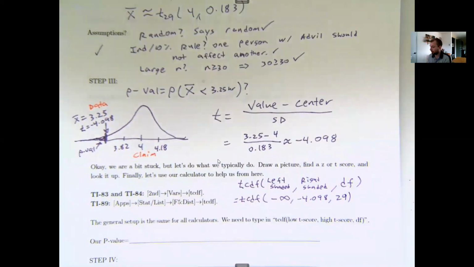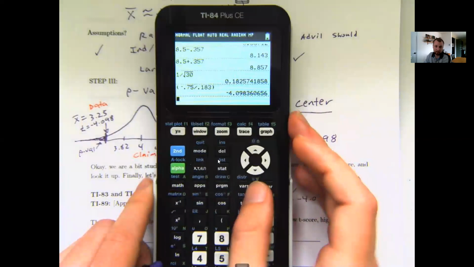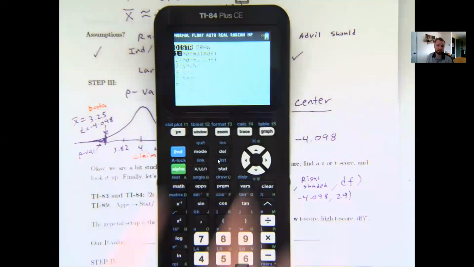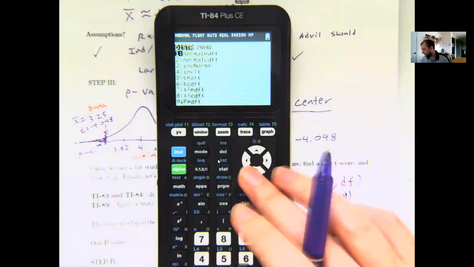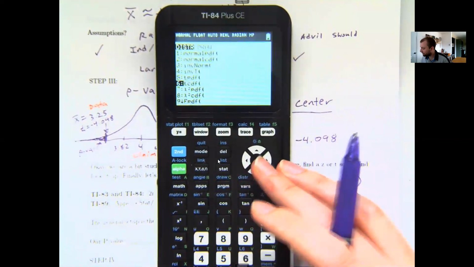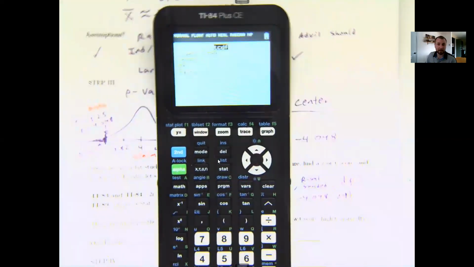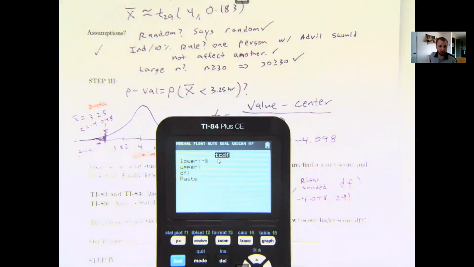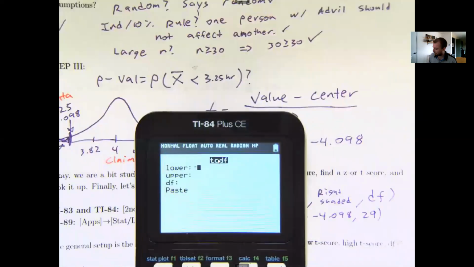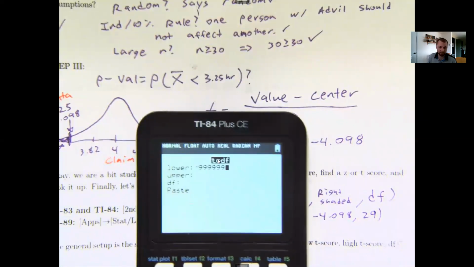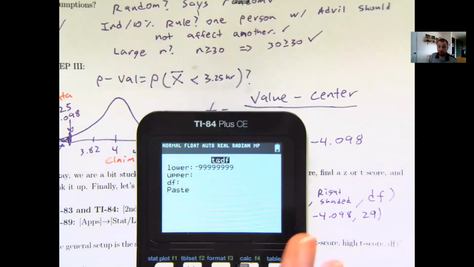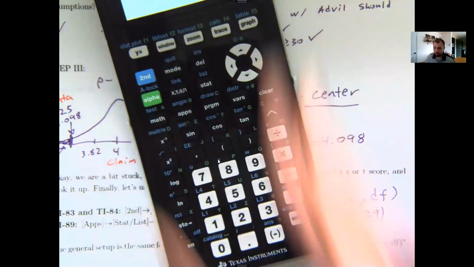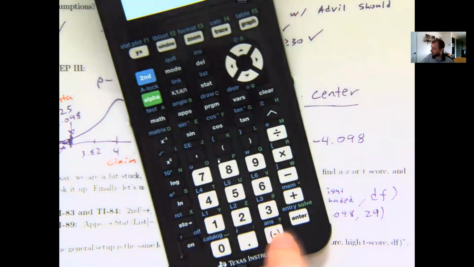Okay, in my calculator, I'm going second vars. I'm choosing TCDF. I'm typing in my low value. I don't have a negative infinity button on my calculator, so I'm just going to do negative, and then I'm just going to go to town on the 9 button. One note, this is really easy to mix up. There's a negative button and there's a minus button.